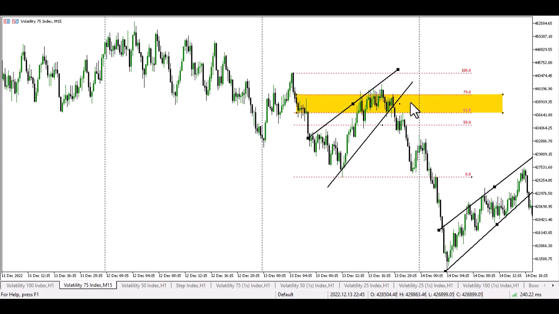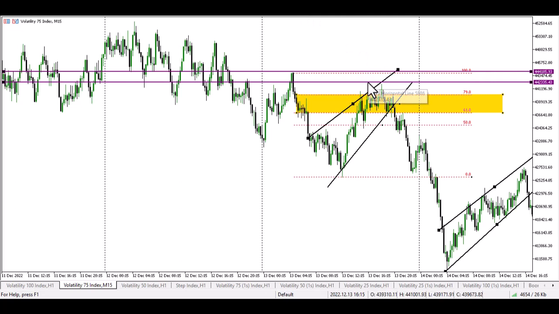What I want you to know before we go any further is your stop loss is not going to be over the 79% level all the time. Sometimes you're going to put the stop loss over the 100% level or the 0 level here. You're going to be using this as your stop loss. So we have 1 and we have 2.